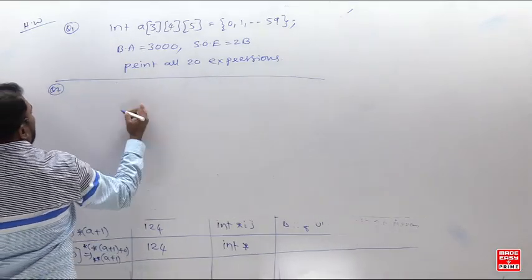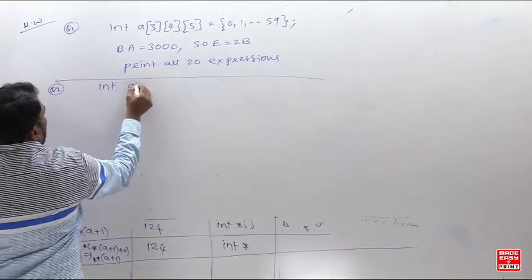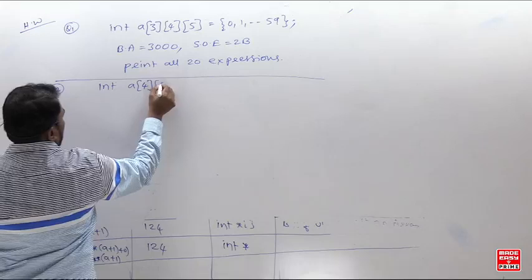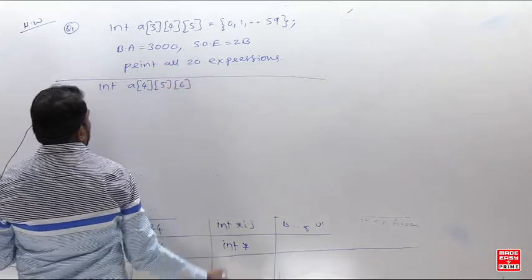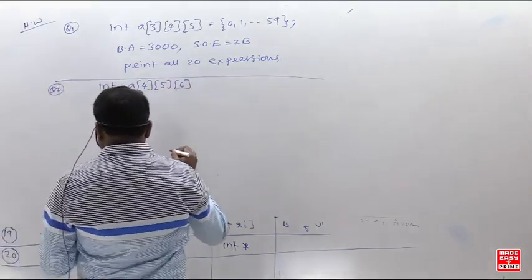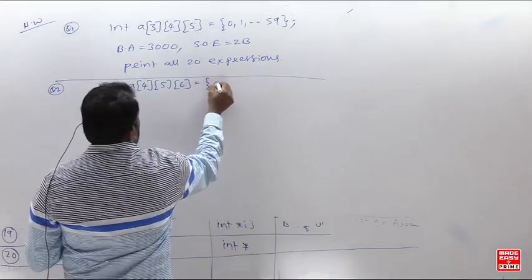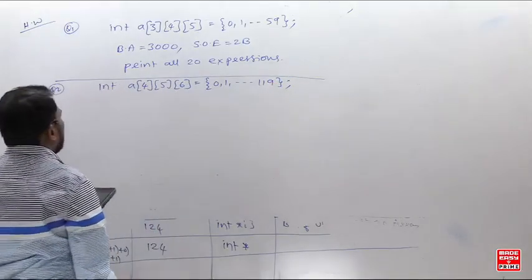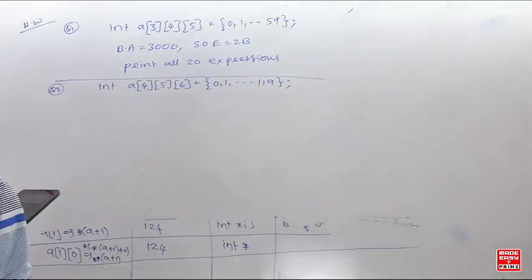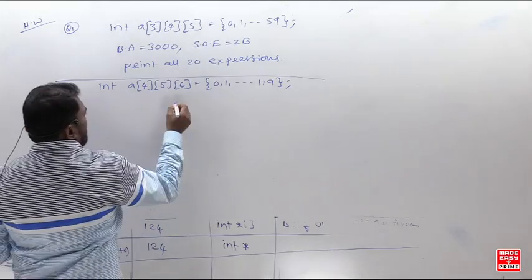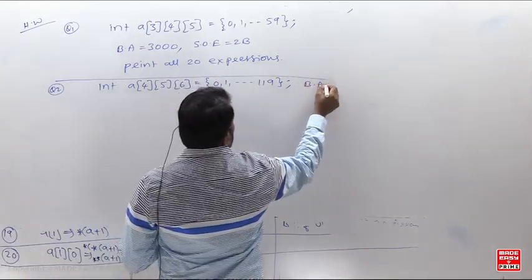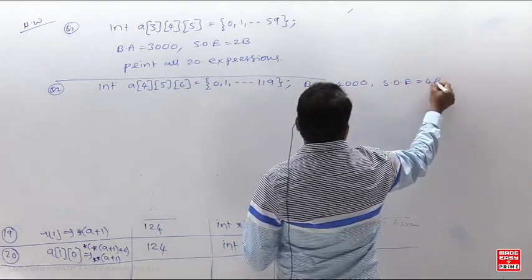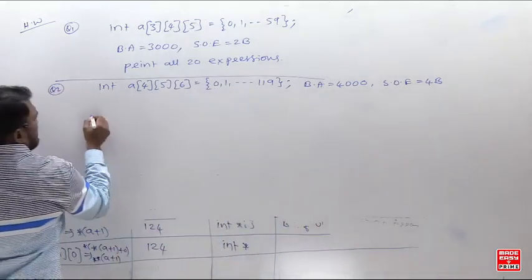Question number 2. Integer a of 4, 5, 6. You are having a 3D array like this. Same thing here. Base address is 4000. Size of the element is 4 bytes.